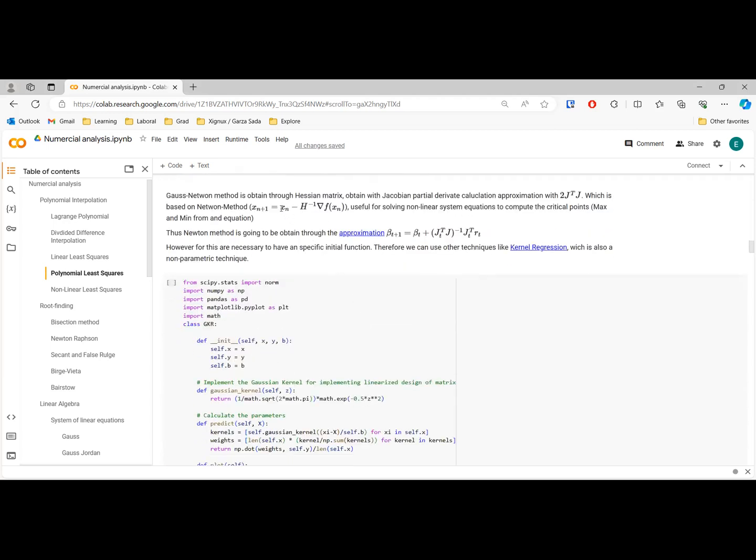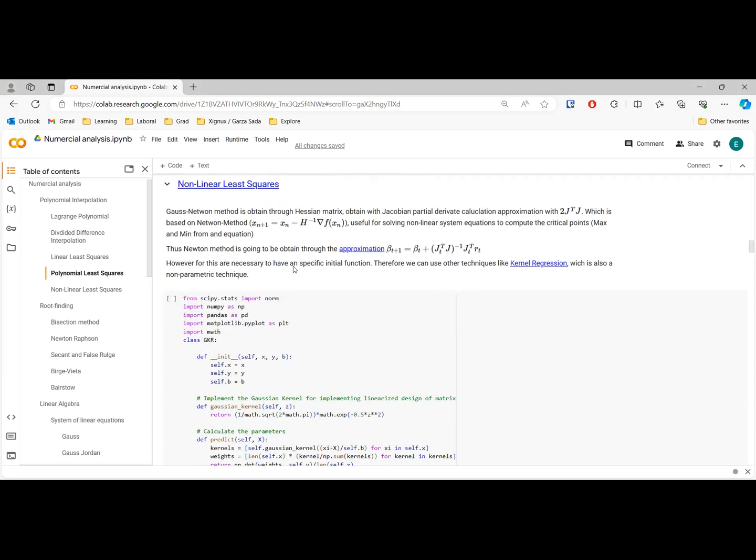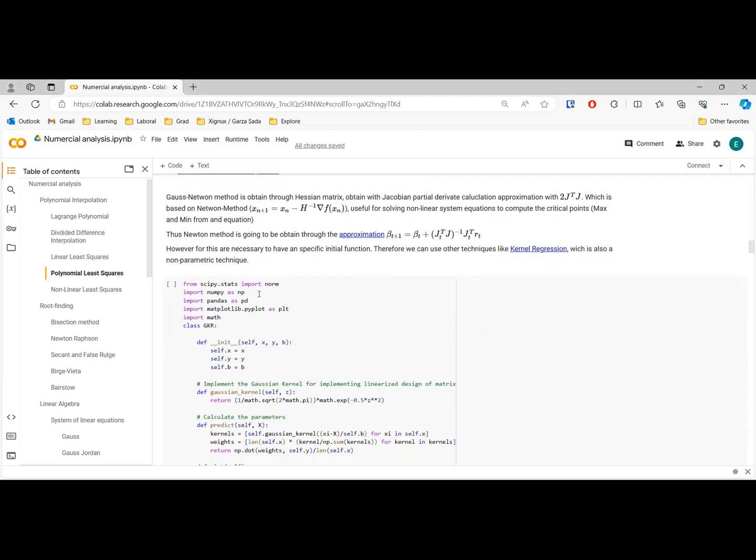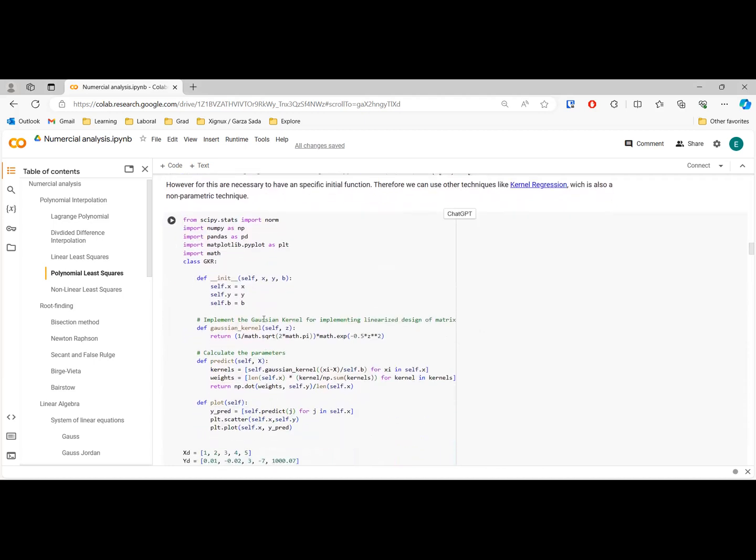Finally, we'll explore the non-linear least squares methods, but just briefly, because this will also be explored in statistics. Basically, what this means is that using a Gaussian kernel function, we are going to be setting some weights, and those weights are going to be an approximation towards the value that we want.